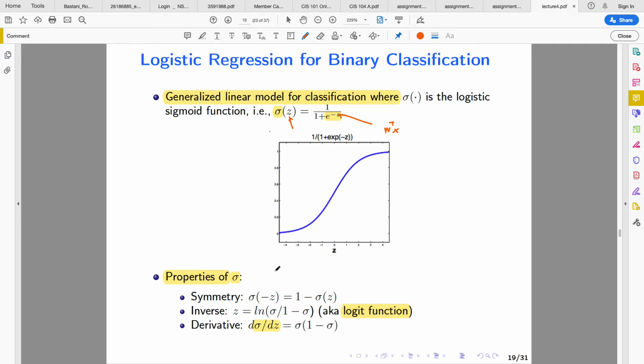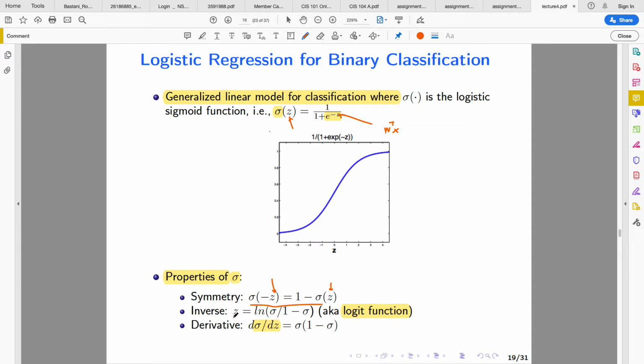Alright, so what are the properties of the sigmoid function? It is symmetric: putting in a negative value is the same as putting in a positive value and saying 1 minus that. Its inverse is the logit function: you have the ln of this, and its inverse is this.